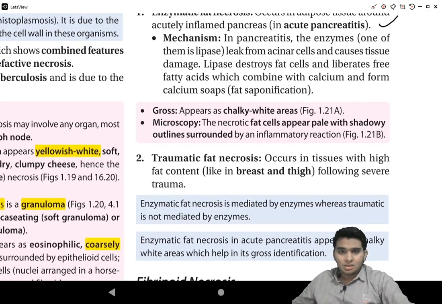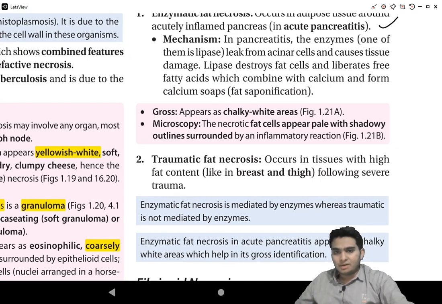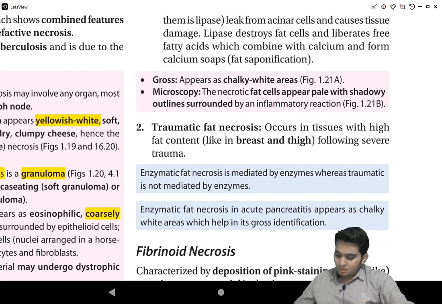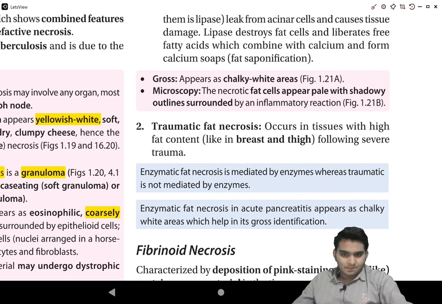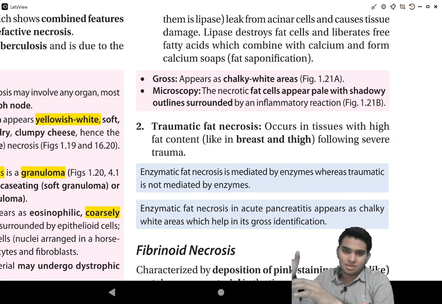Now, on microscopy, the necrotic fat cells appear pale with a shadowy outline, surrounded by an inflammatory reaction. You have to remember that traumatic fat necrosis occurs in tissues with high fat content like the breast and thigh following severe trauma. Enzymatic fat necrosis is associated with enzymes, while traumatic fat necrosis is not associated with enzymes.